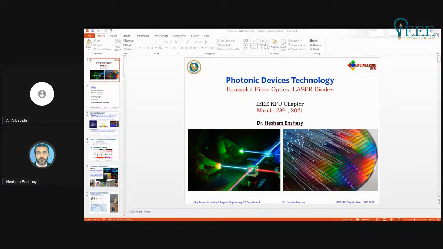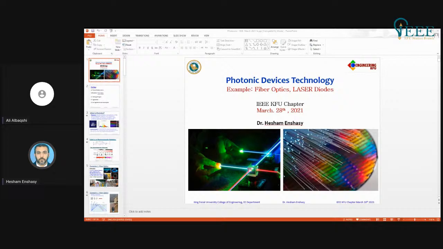Electromagnetic waves basically have a very strong relation, the wavelength of it has a very strong relation with the device or the element that generates this wave. For example, for a radio wave, we need an antenna, and this antenna could go up to 10 meters or so, because we need to generate a radio wave in this range.